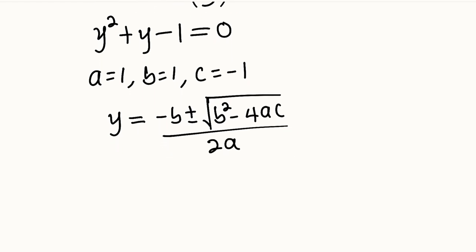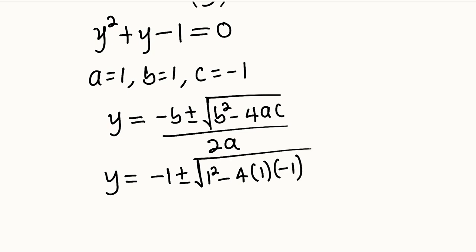Now let us substitute here. y will be equal to negative b. b is 1, so we have negative 1 plus or minus the square root of b squared, which is 1 squared, minus 4 multiplied by a, where a is 1, multiplied by c, which is negative 1. All divided by 2 multiplied by a, but a is 1.